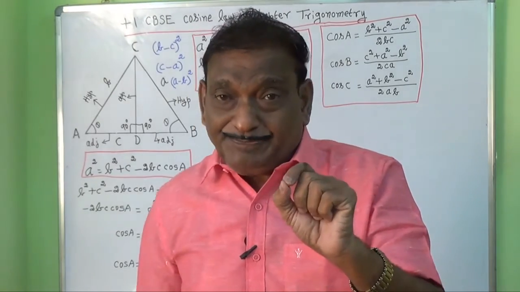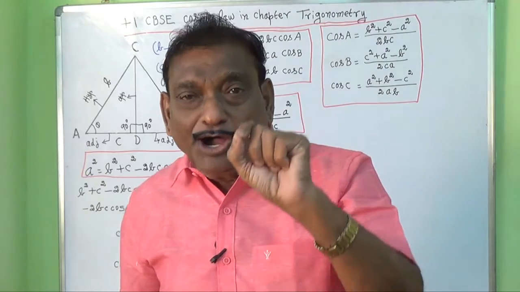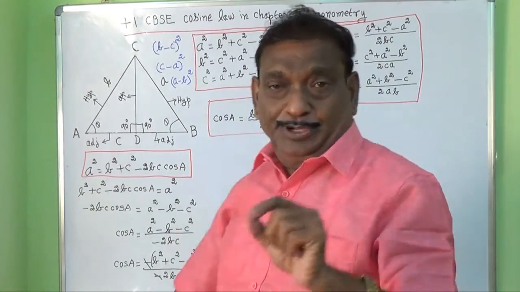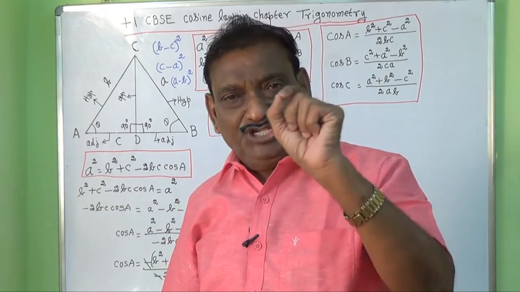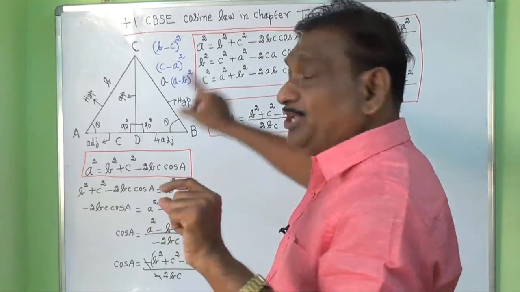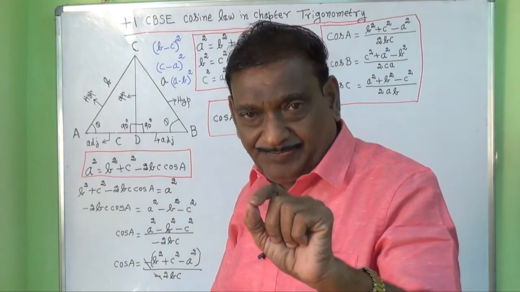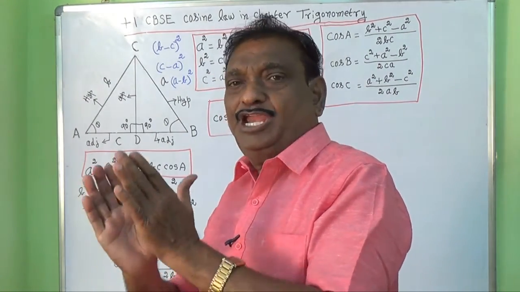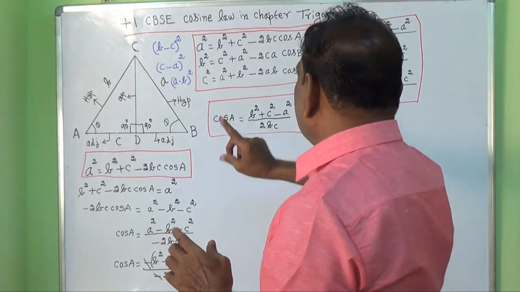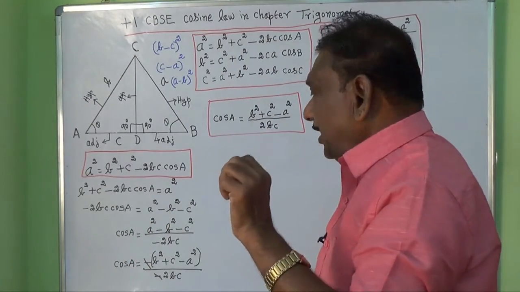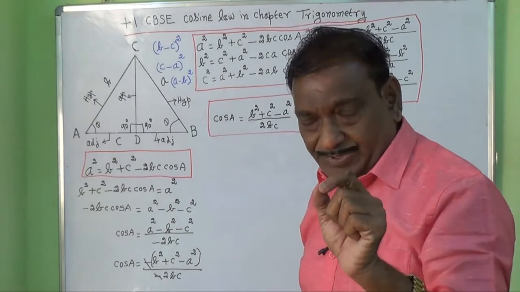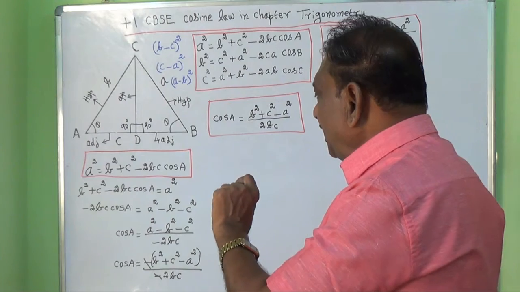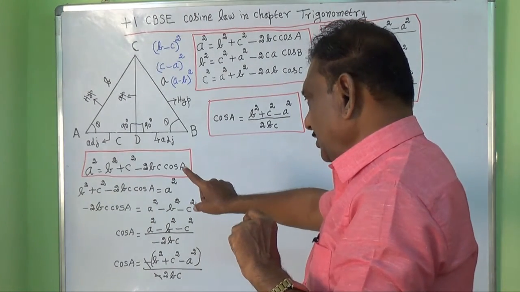Then from the first cosine law, that is a square equal to b square plus c square minus 2bc cos A, we are going to find the cosine law for cos A. We want to find cos A. The cos A is placed in the right hand side of the equation.